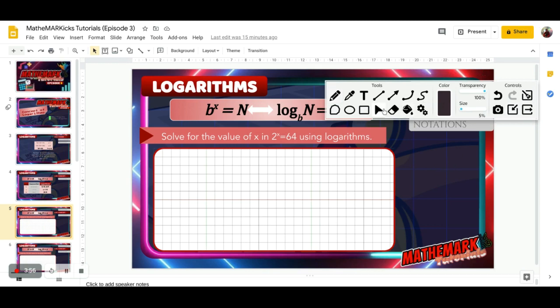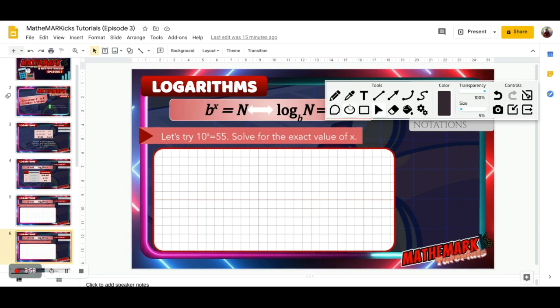Okay. Next one. Let's use the example earlier. 10 raised to x equals 55. So, let's write it in logarithmic form. The exponential equation becomes log of 55 base 10 equals x.